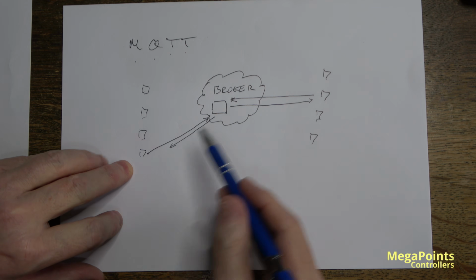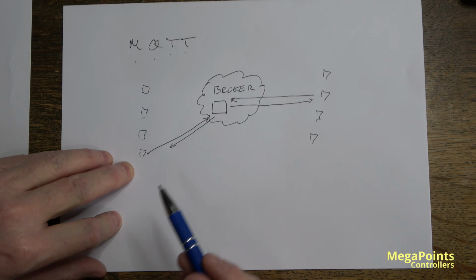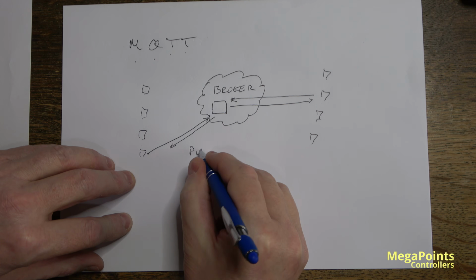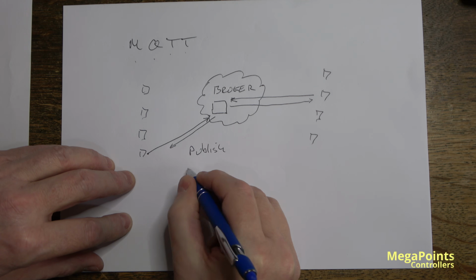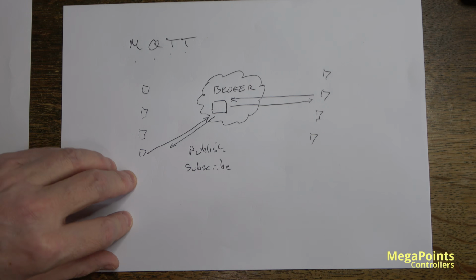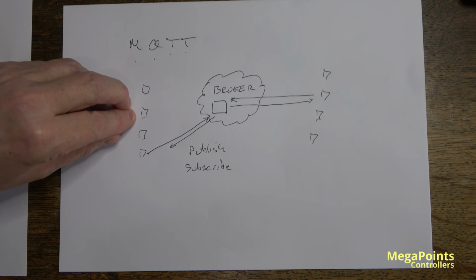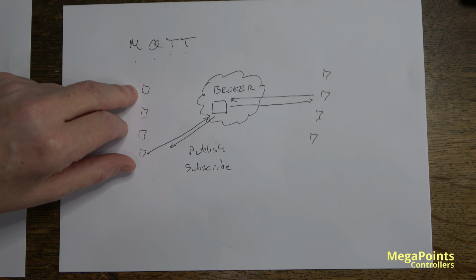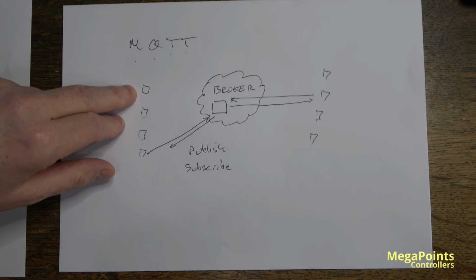Now, the way this works is it uses what's called a publish and subscribe model. When these devices, say a servo controller, start up, it will subscribe to a number of topics.